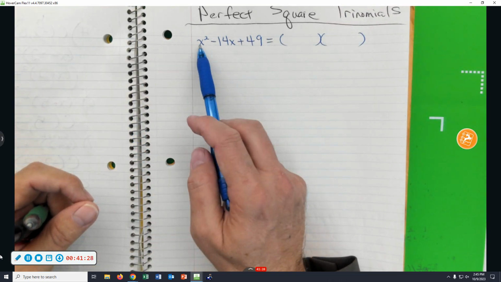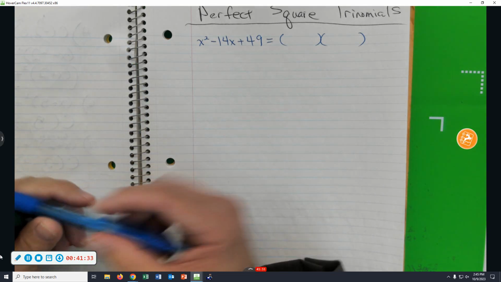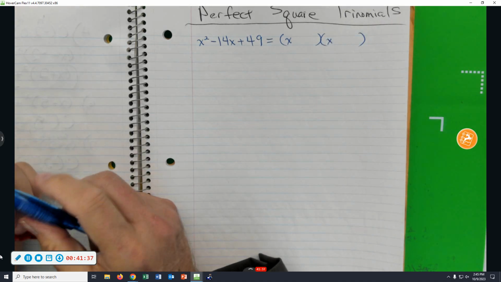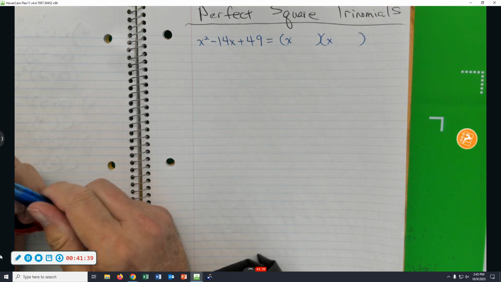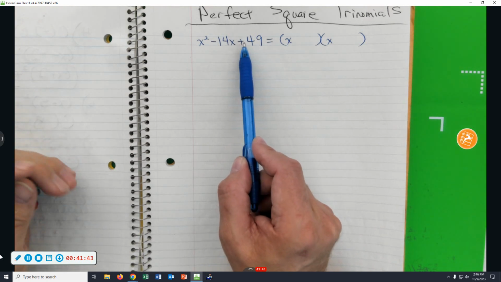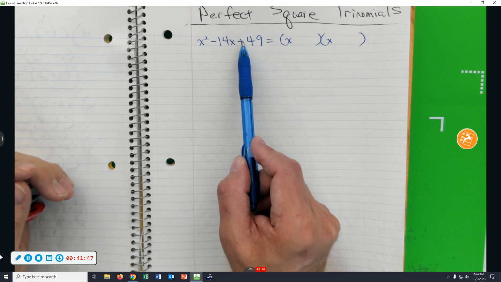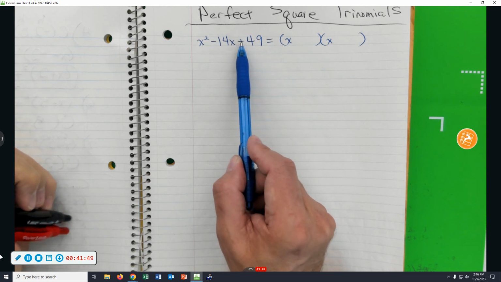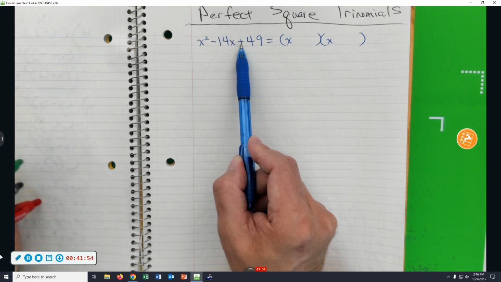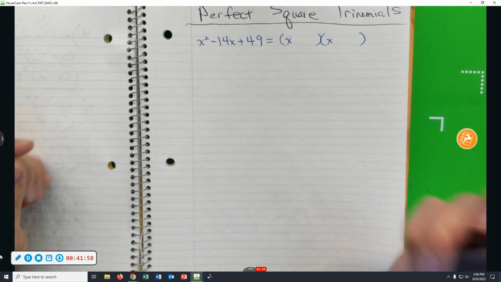First times first gives me x squared. There's only one possibility. What is it? X times x. We know something nice about the signs. And by the way, if it's a perfect square trinomial and it's going to factor as the same thing squared, then this last number here will always have to be positive. So that number will always be positive if you're looking at a perfect square trinomial, and you'll have two of those first signs.